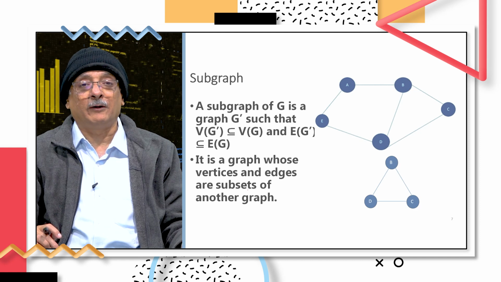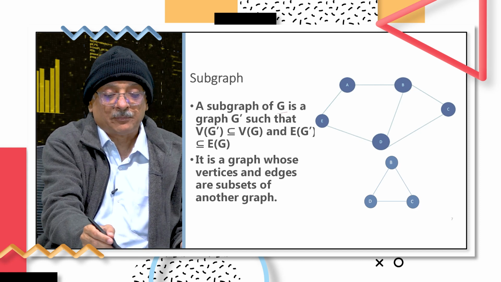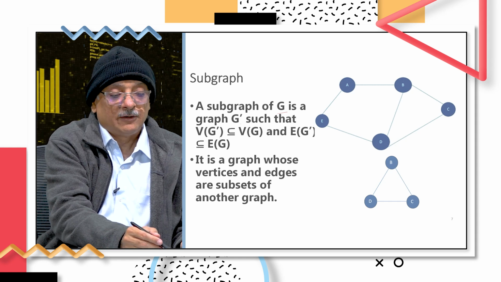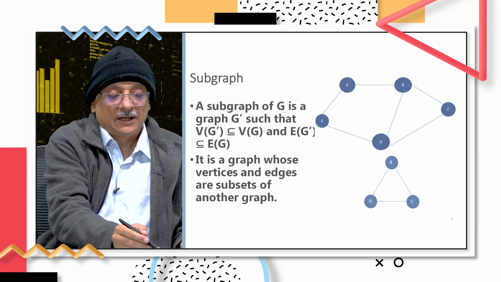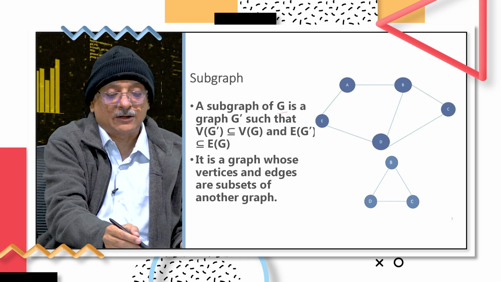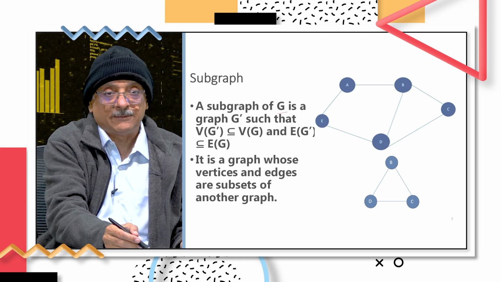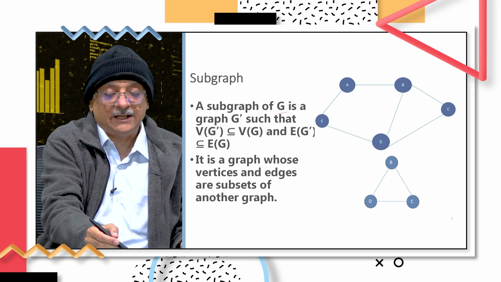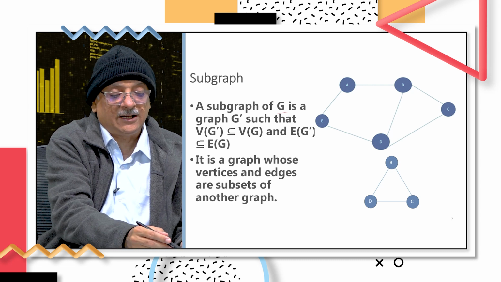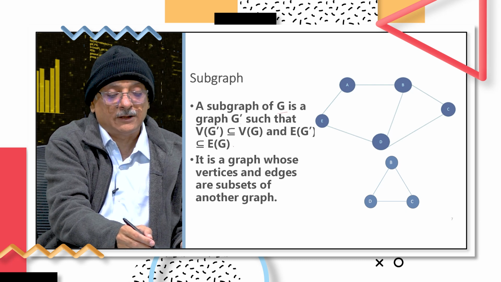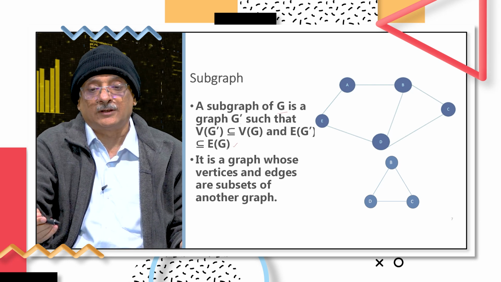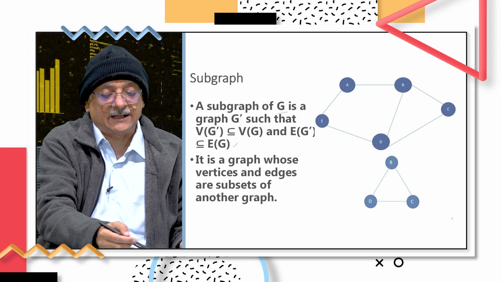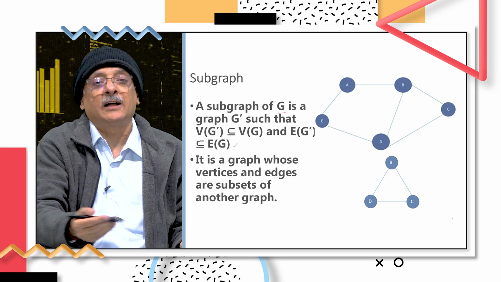A subgraph of a graph G is a graph G dash such that V of G dash is a subset of V of G, and E of G dash is a subset of the edge set E of G. So, it is a graph whose vertices and edges are subsets of another graph.